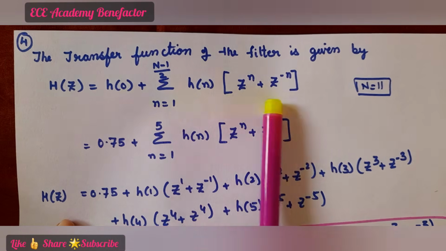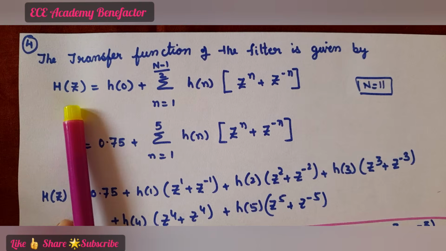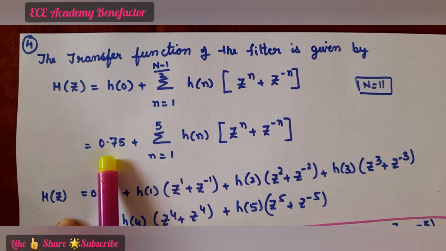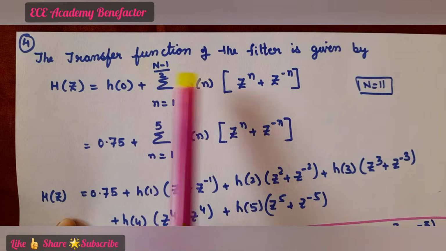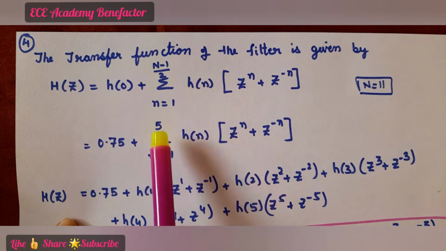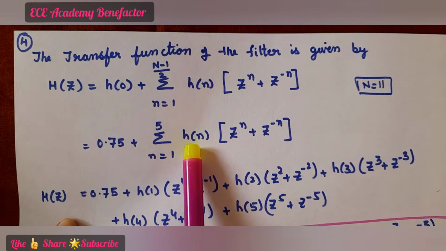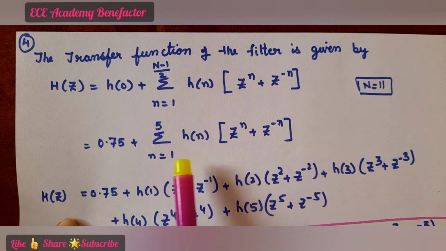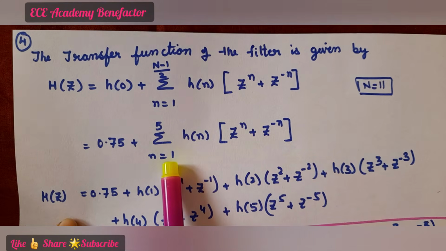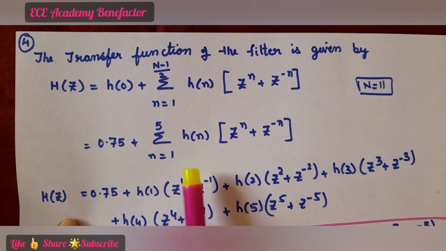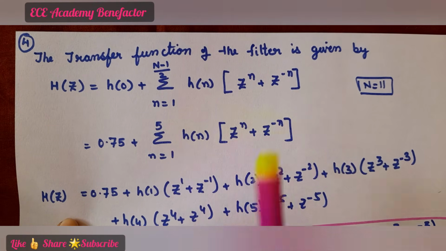This is the transfer function equation of h of z, and we got h of 0 value as 0.75, and this capital N value is given as 11 in the question. So, 11 minus 1 means 10, by 2 is 5. So, n is varying from 1 to 5. Now, expand this series, that is, first put n is equal to 1, plus n is equal to 2.